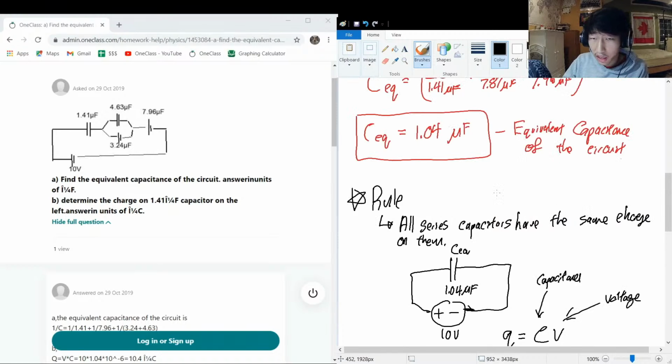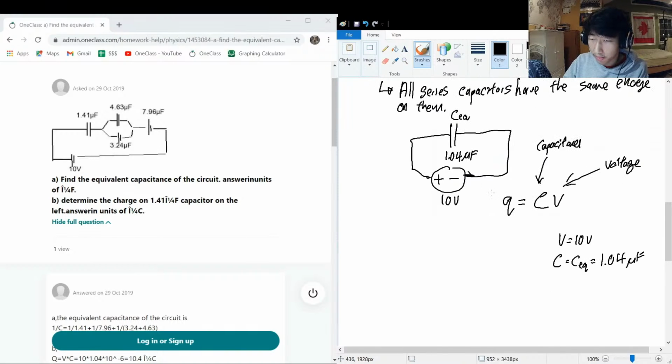So we had, right? 1.04, yep. So we multiply them together, and we can get the charge on it. So Q is equal to 1.04 microfarads multiplied by 10 volts.